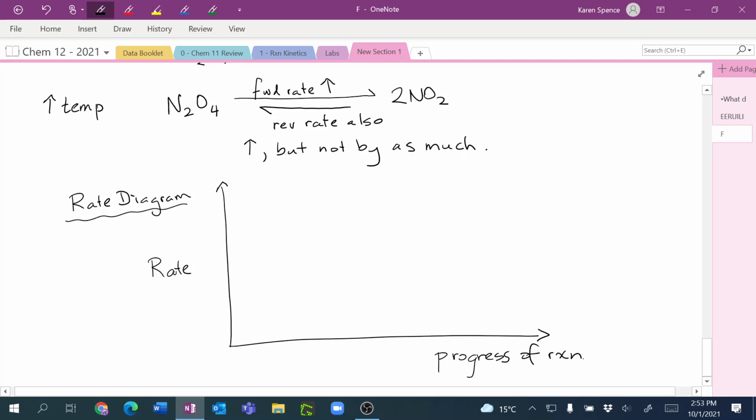Now, initially, when we were at room temperature, were we at equilibrium at room temperature? Yes, the concentrations were remaining constant, and we were at equilibrium. If that is true, what can you say about the forward rate, which I'm going to do as a black line, and the reverse rate, which I'm going to do as a dashed red line?